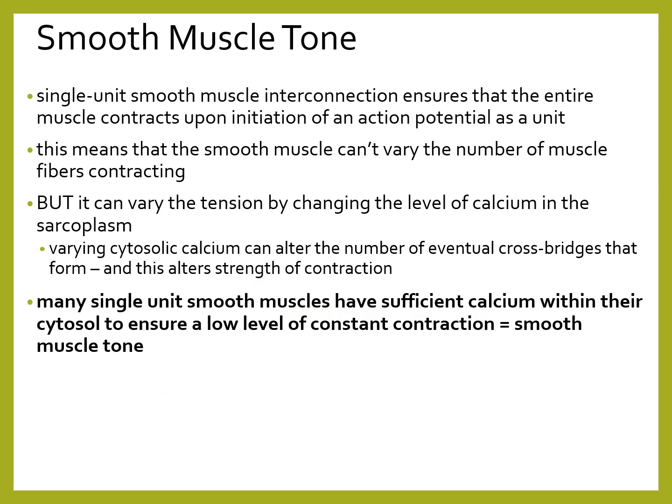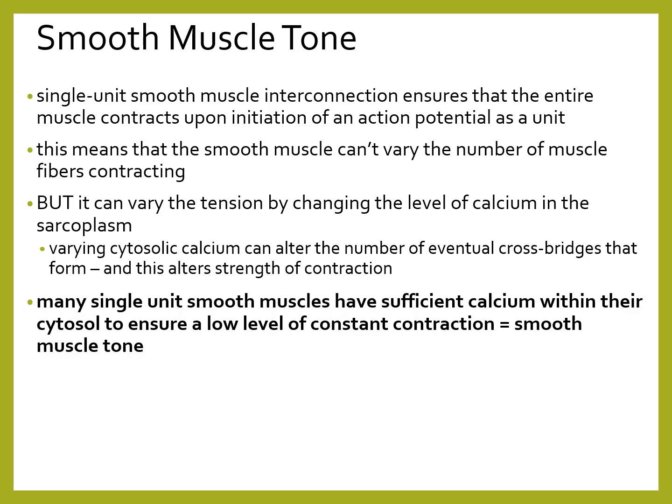Single unit smooth muscle interconnection ensures that the entire muscle contracts upon the initiation of an action potential. Remember, single unit smooth muscle contracts as a unit because they're all connected to one another electrically through gap junctions. So when an action potential starts in one smooth muscle cell, it will spread through all of the other interconnected ones.